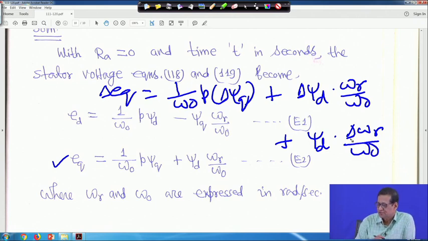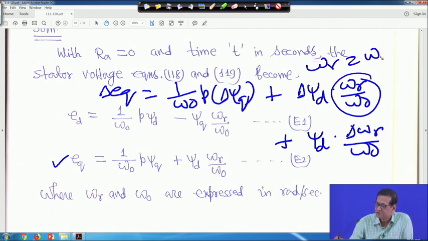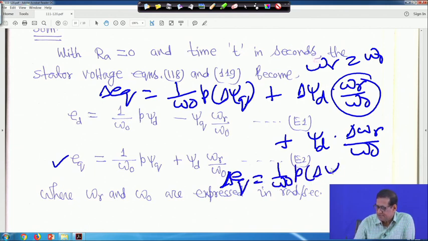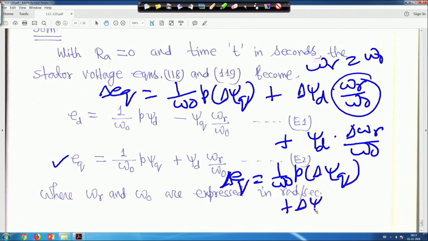So this one, omega r is equal to omega 0, this we have assumed. If you put omega r equal to omega 0, this term is 1, so my delta EQ will be omega 0 p delta psi q, plus delta psi d, plus psi d into delta omega r by omega 0. This is written in the next page.